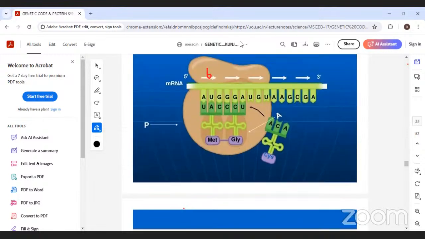The elongation of the polypeptide chain begins with the arrival of a new amino acyl tRNA on the amino acyl or acceptor site of the 50S. See, this is the 50S subunit of the ribosome.